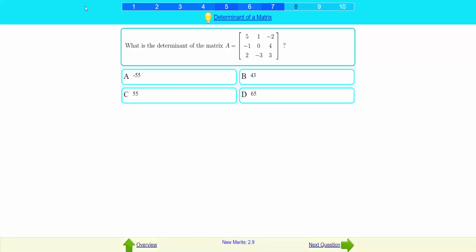So it'd go 5, 0, minus 12, that's like multiplied by 12, minus 1 multiplied by negative 3, minus 8, plus negative 2 multiplied by, we have a minus 3, that's a 3, minus 0, so that's that.